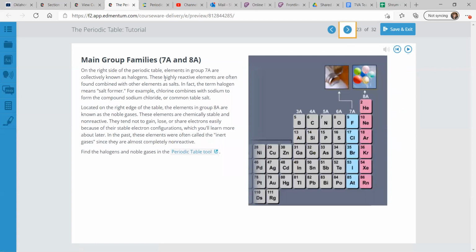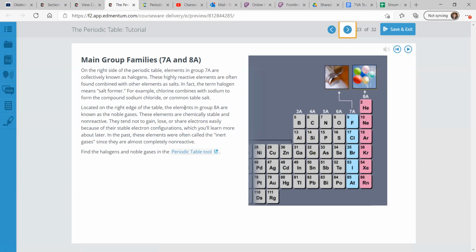Okay, so now we're going to look at 7A and 8A, which are the last two groups. On the right side of the periodic table, we have the 7A group, or halogens. These are highly reactive elements and are often found combined with other elements as salts.